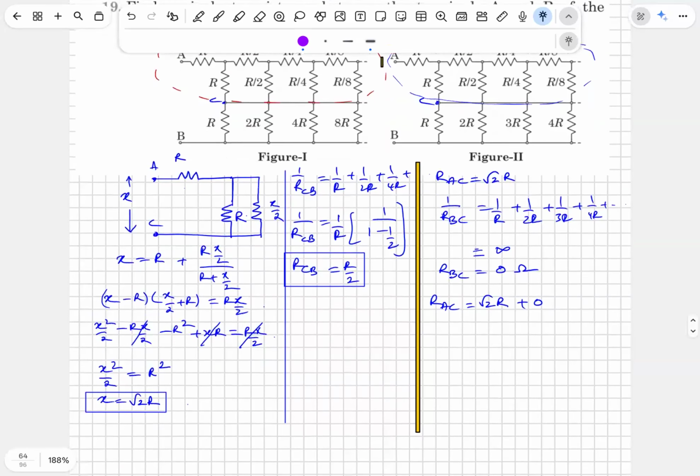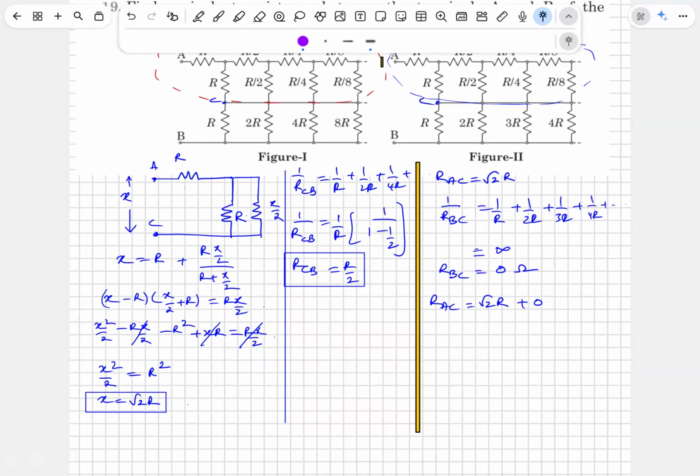So that's a quadratic equation now. By properly doing, you will get a quadratic equation here. So that quadratic equation allows you to write x square by 2 as r square, and x is plus or minus. Okay, obviously x must be plus root 2 r.